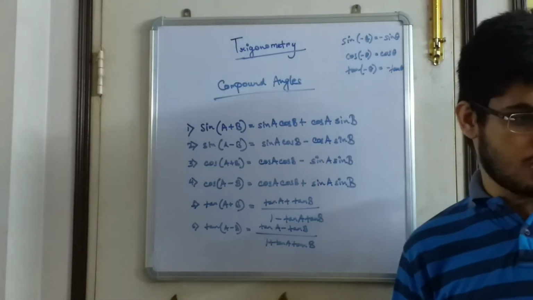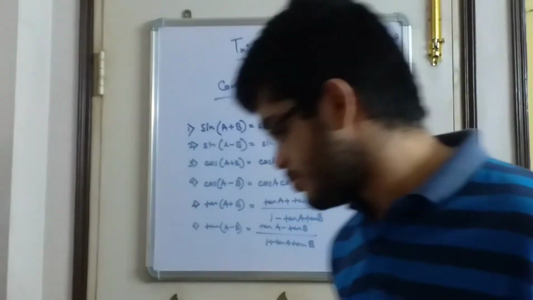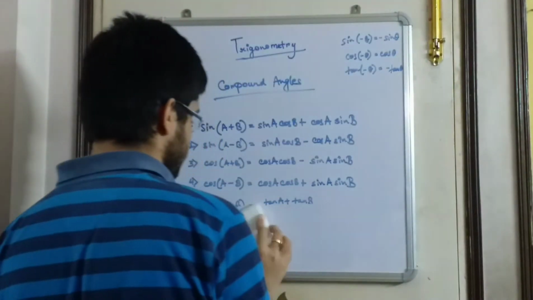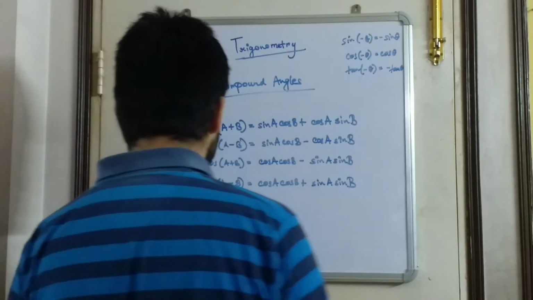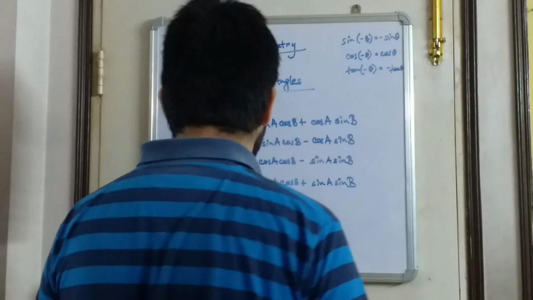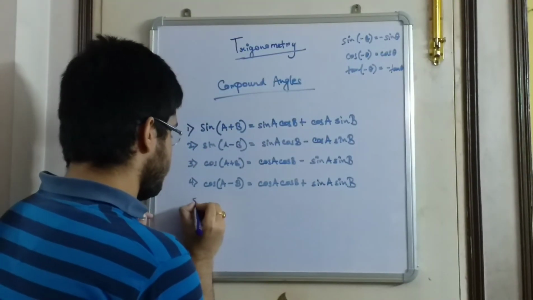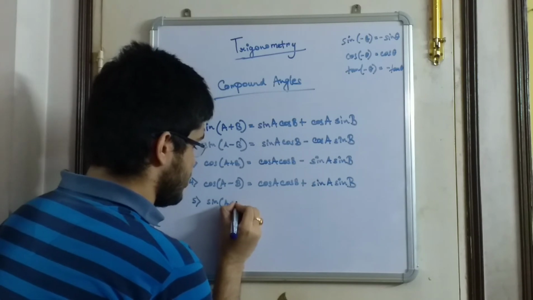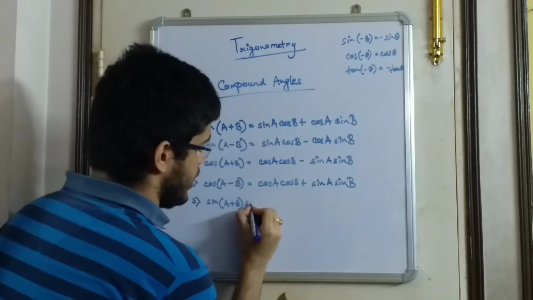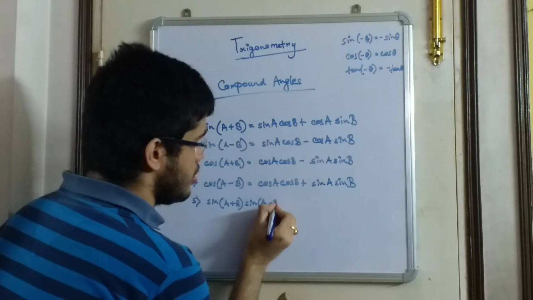Actually, we have 2 more formulae. Those 2 are sine of a plus b into sine of a minus b.